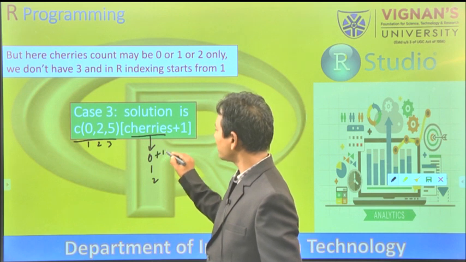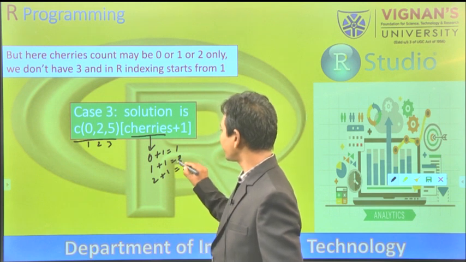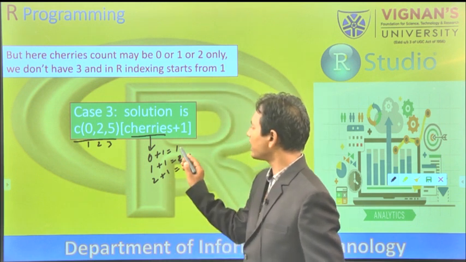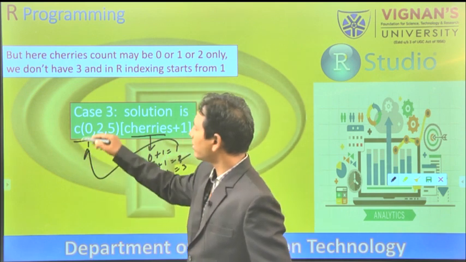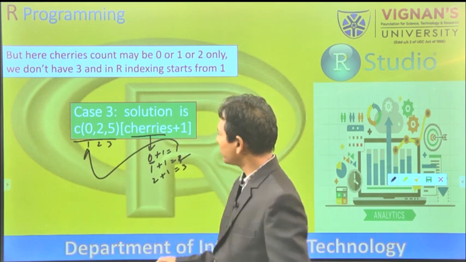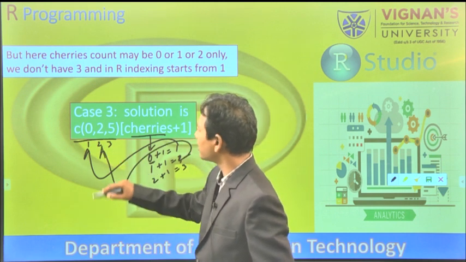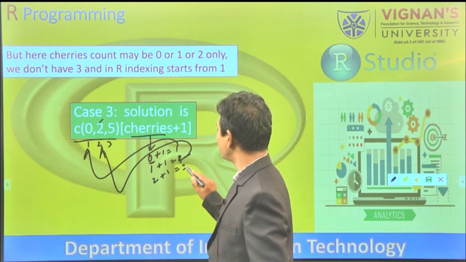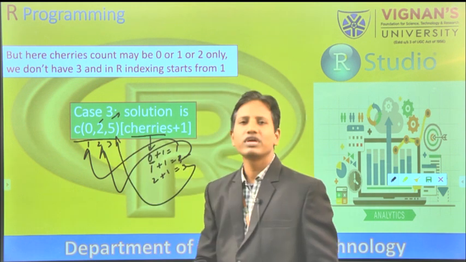If I add 1, it's going to be 1, then 2, then 3. So if the index value is 1, the value becomes 0. If it is 2, it's going to look up here and be 2, and for 3, it's going to look up here and be 5.